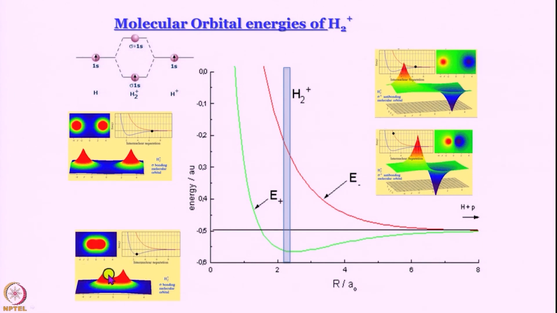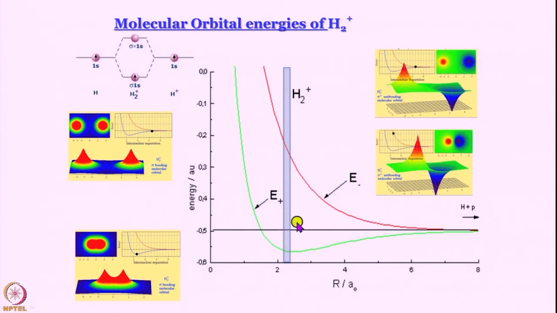There is strong reinforcement. And in case of the minus combination of the orbitals, when they are very far away, it is still 0. When they are very close, say at this equilibrium bond length, now you have this destructive interference between the two wave functions, and energy goes up to this value.